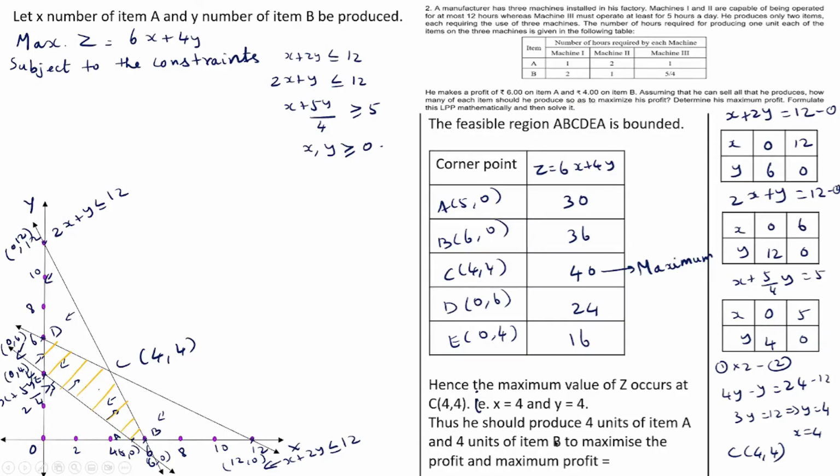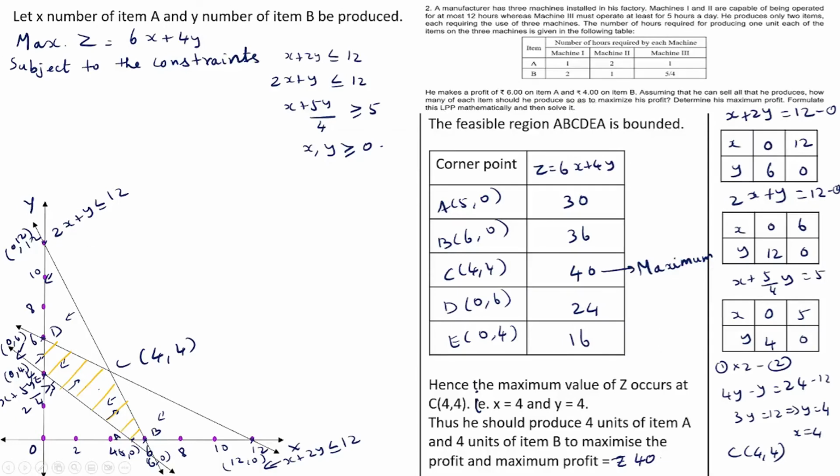Thus he should produce 4 units of item A and 4 units of item B to maximize the profit, and the maximum profit is rupees 40. So this is what we have to find: how many of each item should be produced and determine his maximum profit. So this is the final answer.